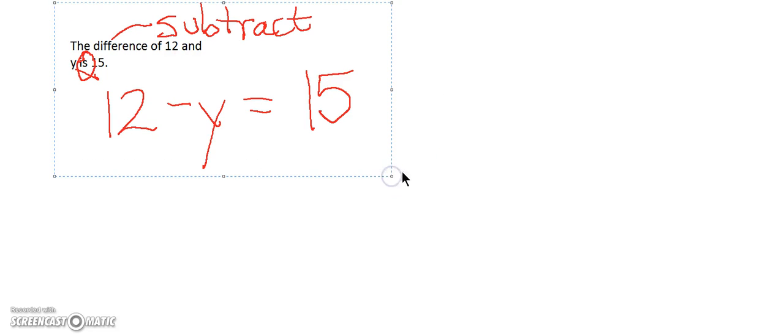So when it comes to what words mean, we've talked a little bit about some of the words, but I'll give you a list here. Sum means addition. Difference, we just said, is subtraction. Product is multiplication. And quotient is division.